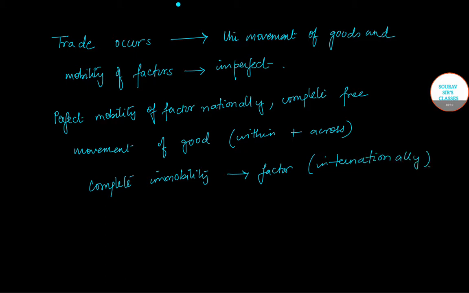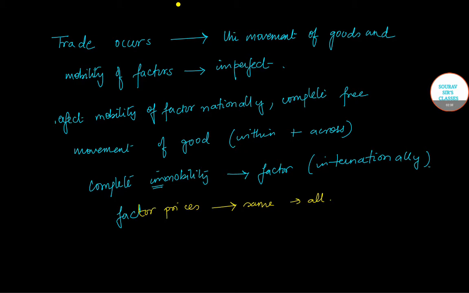Now, under the assumption of full mobility or perfect mobility of factors internationally, so that means I am going to remove this. What happens is that factor prices, so if this happens, then factor prices would be same in all the countries.